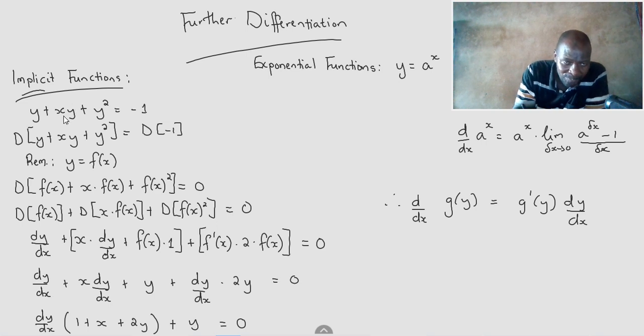That one there, if I differentiate this, is going to be x dy dx. If I differentiate this, it is going to be 1, but that 1 times x, this is going to be 1 dy dx times x, which gives me that part.